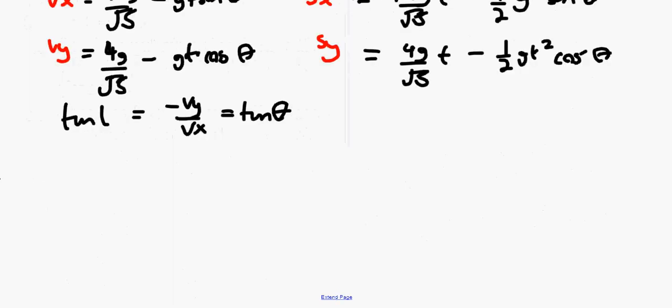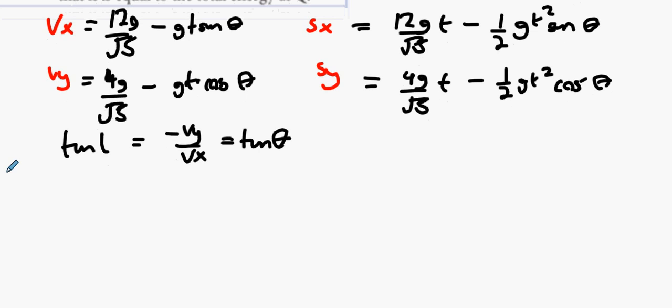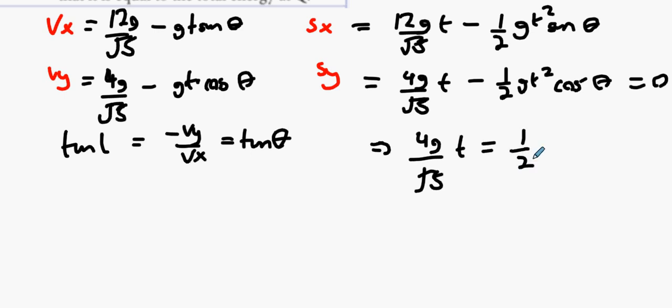Now, let's get our landing angle sorted, okay? So Sy will equal 0. So we'll get 4g over root 5 t equals a half gt squared cos theta. Now, the t values cancel, the g values cancel.